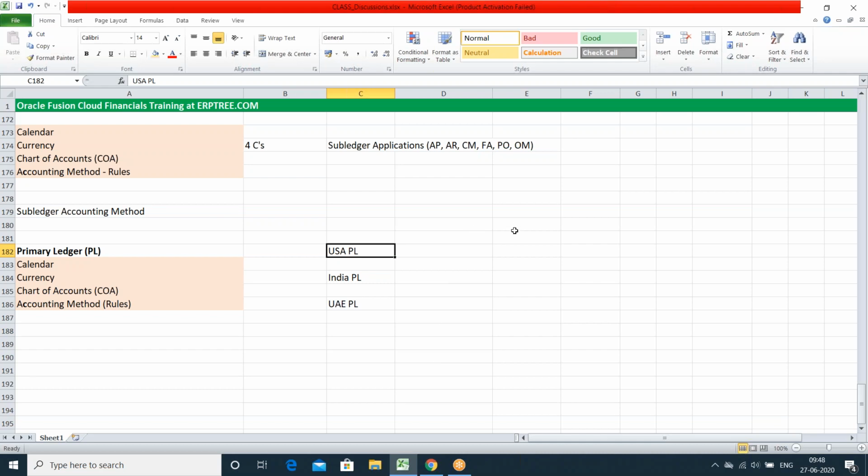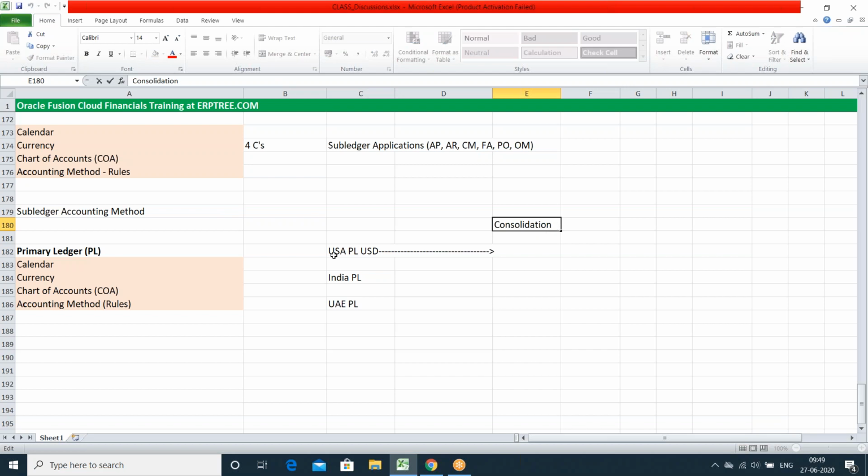Their requirement is they want to consolidate the data in USD. So ideally, they have to record the transactions in USA in USD. They can send the data to a ledger called a consolidation ledger or reporting ledger. There are multiple ledgers based on the business requirement.